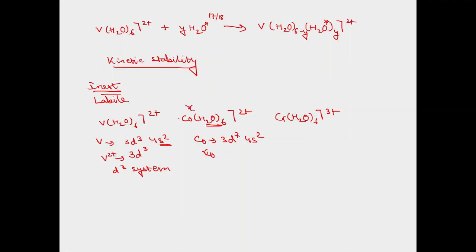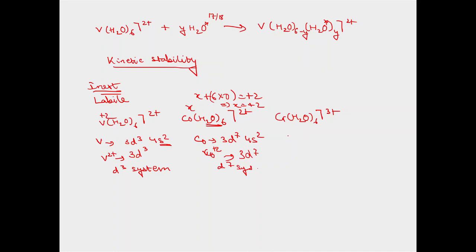If we consider X as the oxidation state of cobalt, then X plus 6 into 0 is equal to plus 2, or X is equal to plus 2. So cobalt is in plus 2 oxidation state, and it is a 3d7, so it's a D7 system.